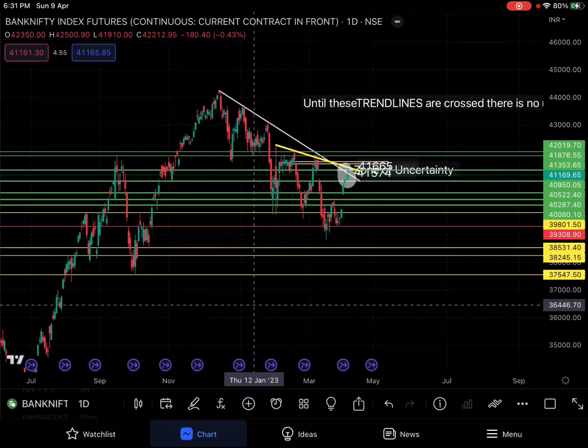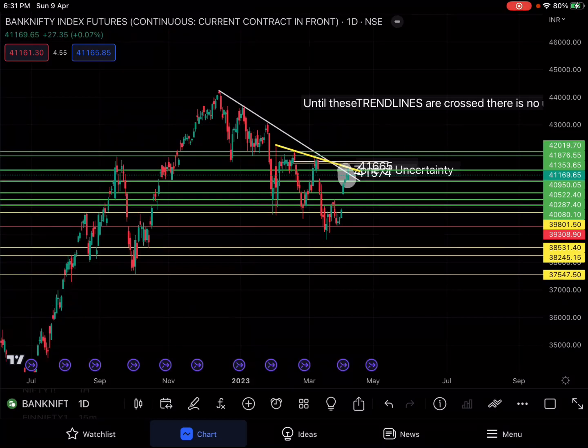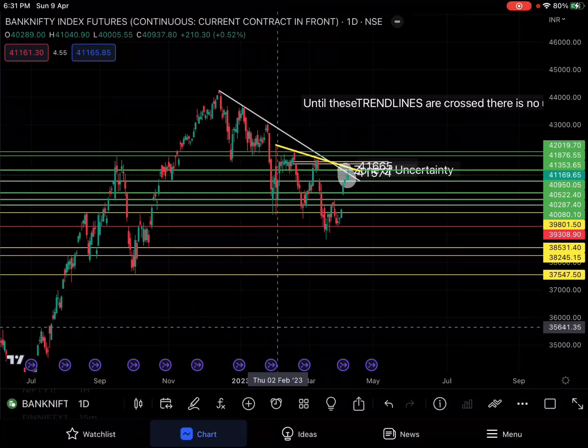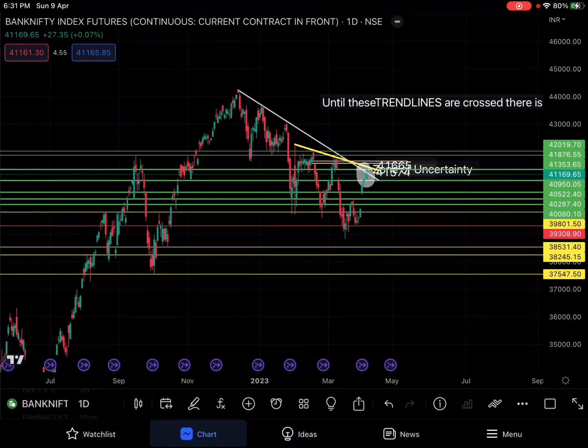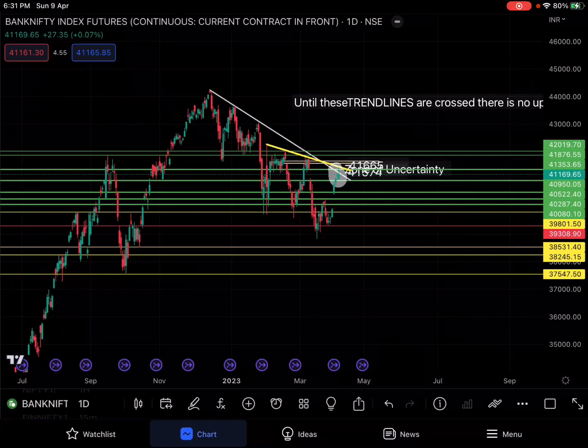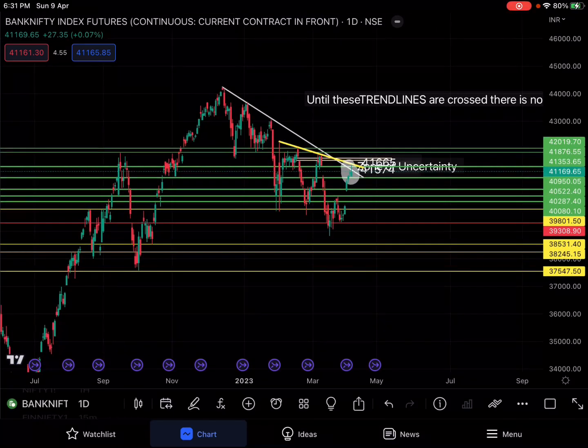So that trend line is confirmed. We also have another trend line starting from 2nd Feb 2023, which touched two more points, which again is valid. When you draw a trend line, you should have a minimum of two touch points.